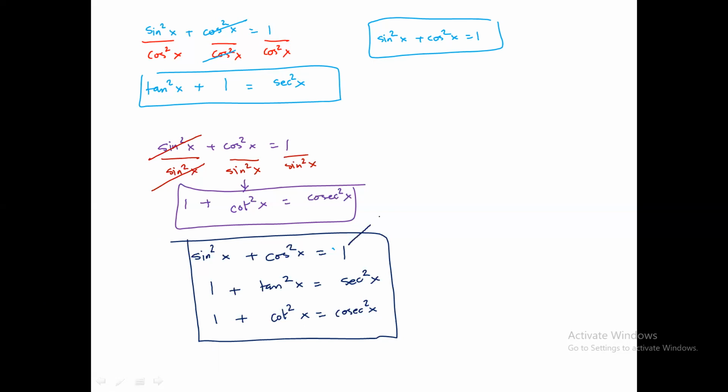From this formula only, you can rearrange and write sin square x is 1 minus cos square x. Or you can write cos square x is 1 minus sin square x by rearranging. And here by rearranging, you can write tan square x is secant square x minus 1.